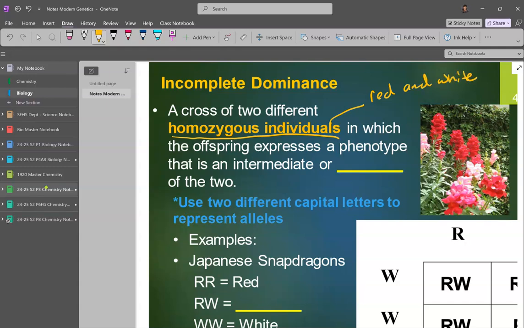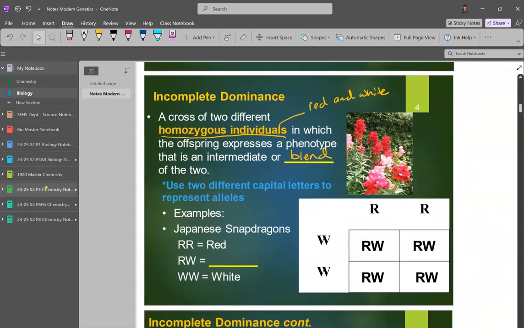But when you cross those homozygous parents together, you'll get offspring that are a mix of those 2, which in this case would be pink. And so we're getting an intermediate or a blend of the 2 traits. So the red isn't completely dominating the white color, and the white isn't completely dominating the red color. So that's why we're getting a mix of these traits, and we're getting an in-between, which is going to be pink.